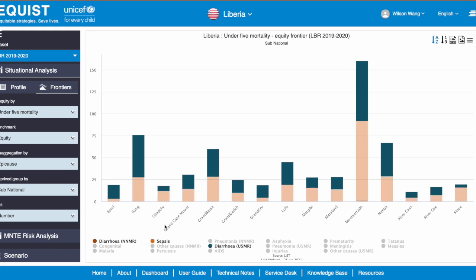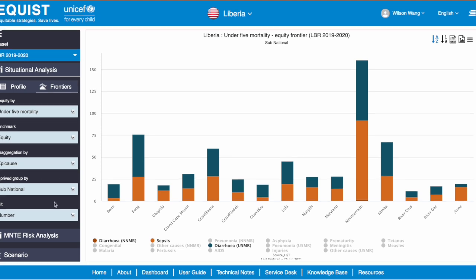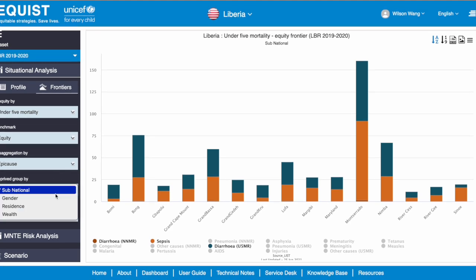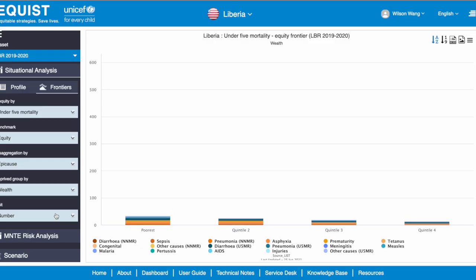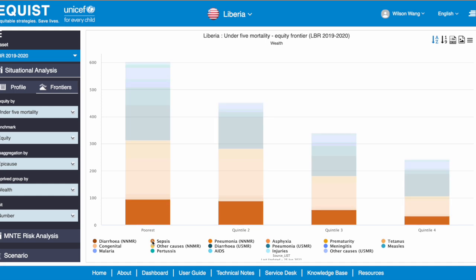And if you click in, you can add and basically focus on a disease of interest instead of everything all at once. In the Frontiers, the key part of this is this idea of if you could bring the population, in the case of wealth, to the highest quintile, the richest.